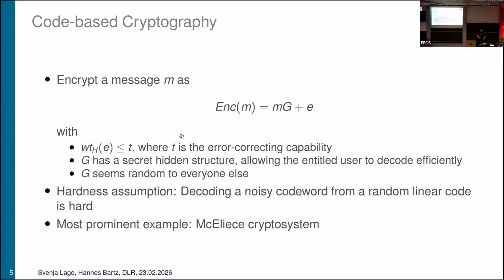What is the hardness assumption behind this in general? So the assumption is that decoding a noisy codeword from a random linear code is in general hard. Random linear in this case means it doesn't have a particular structure that we can exploit in order to decode efficiently. And as already mentioned, one of the most prominent examples is the McEliece cryptosystem, which is basically as old as public key cryptography.